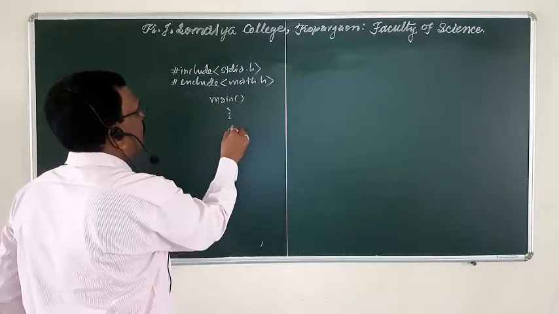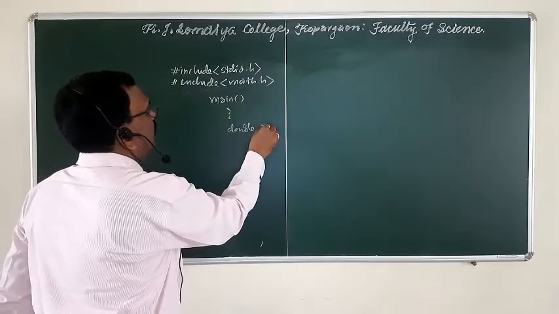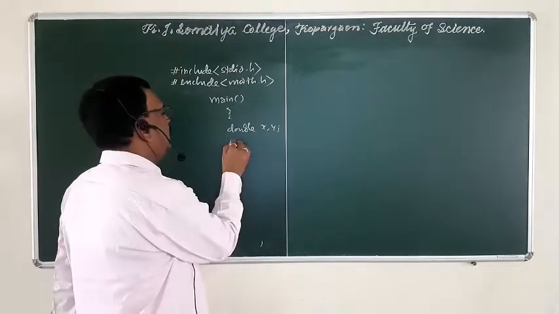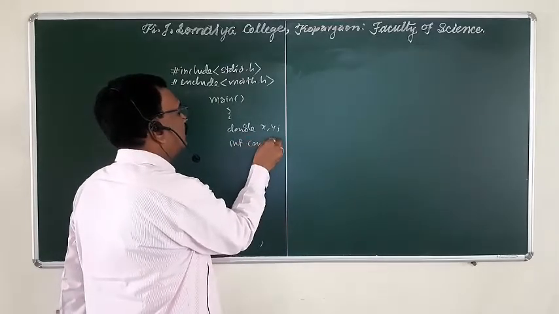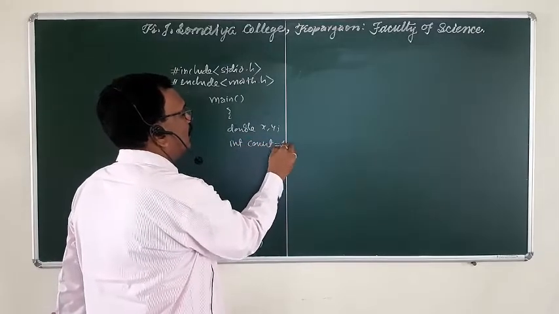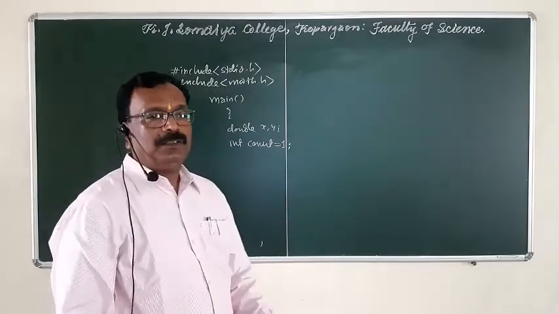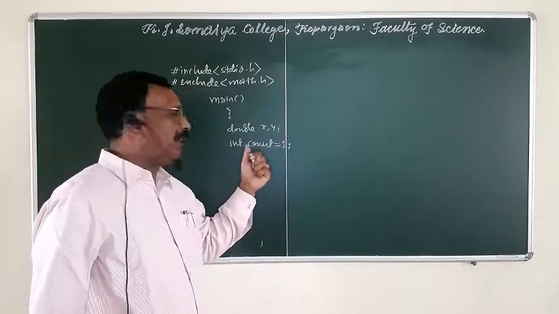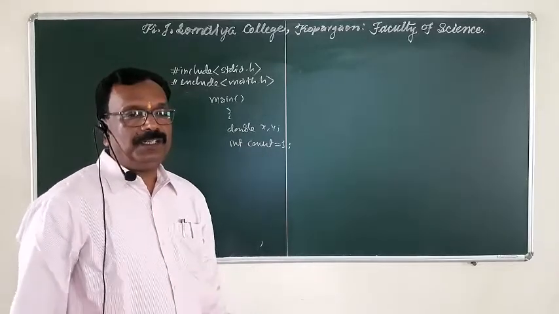Therefore main, then again here double x and y, same, then integer count is equal to 1. Here we are going to use a counter variable which is of integer type.